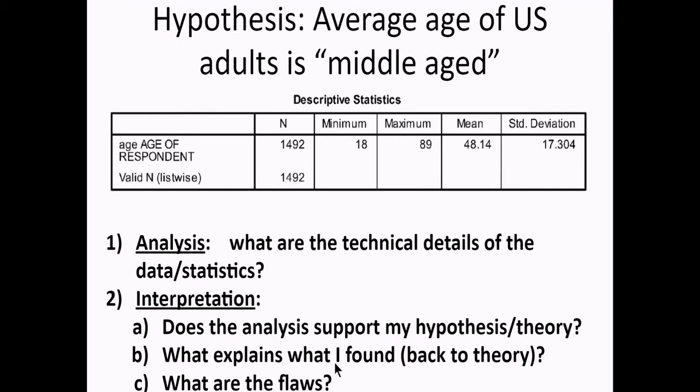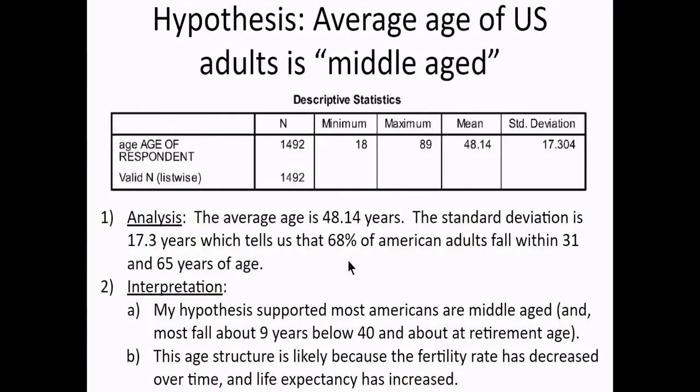We would explain what I found, back to theory, why the theory is supported, or why the numbers seem to support the theory. And then also, critically, what are the flaws of my analysis? So this is what I would do if I were writing this up, and you should do likewise.